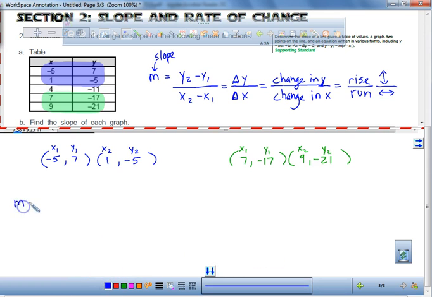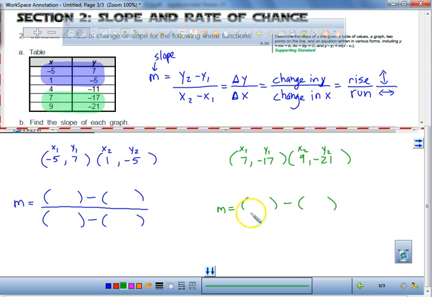So we're going to find our slope. You guys are going to notice I'm going to do something whenever I find slope using the slope formula. I always use parentheses, and I always label those. The reason why I label them, what I found over time, is the more I keep things organized, the more likely I am to do all of the processes correctly.